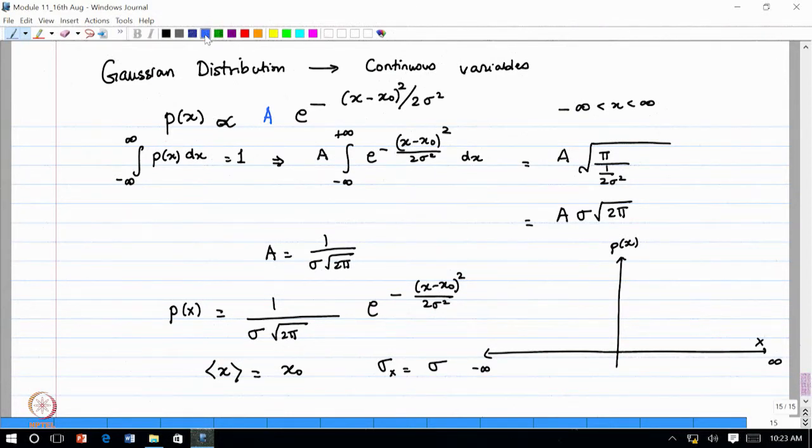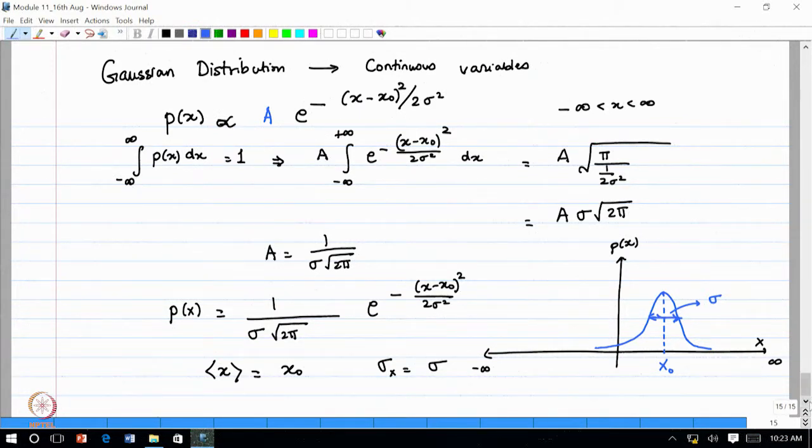You take some point x 0 and this function looks like this, where the spread is of order sigma. This is the mean. The standard deviation is a measure of the spread.